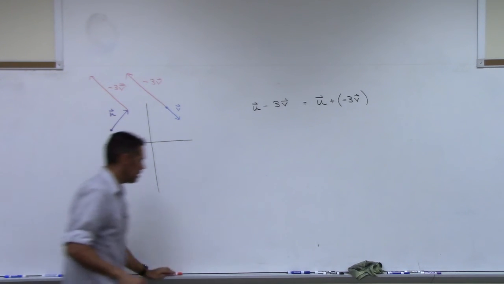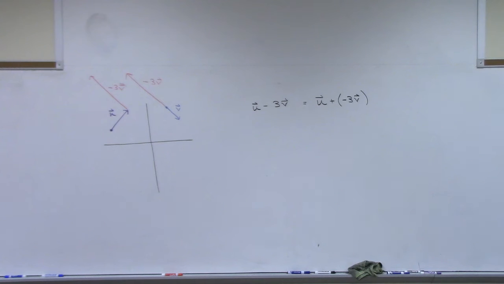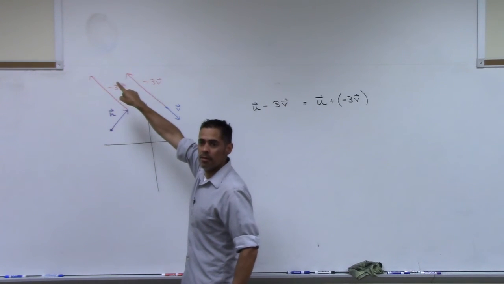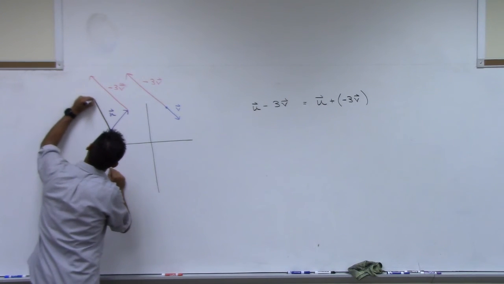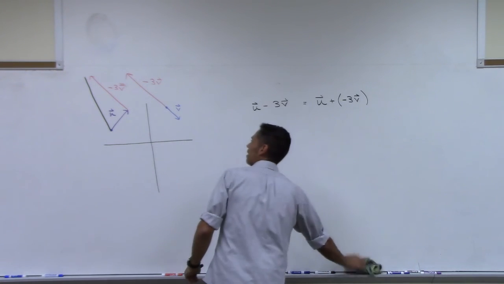And lastly, where is the vector that represents u minus 3v? Where does it go? The tail of u to the tip of that one up there. So it's from here. Totally missed it.